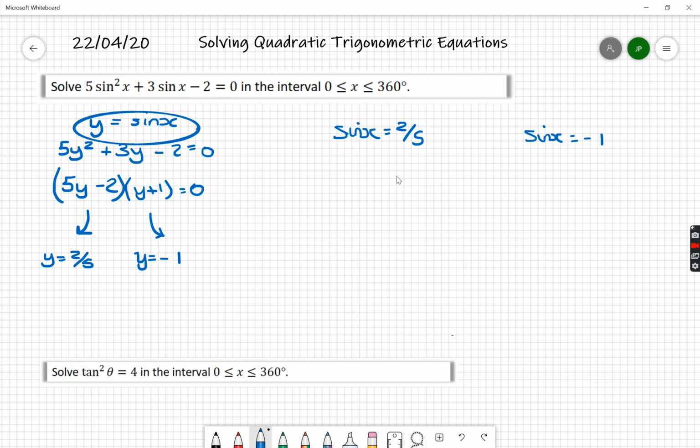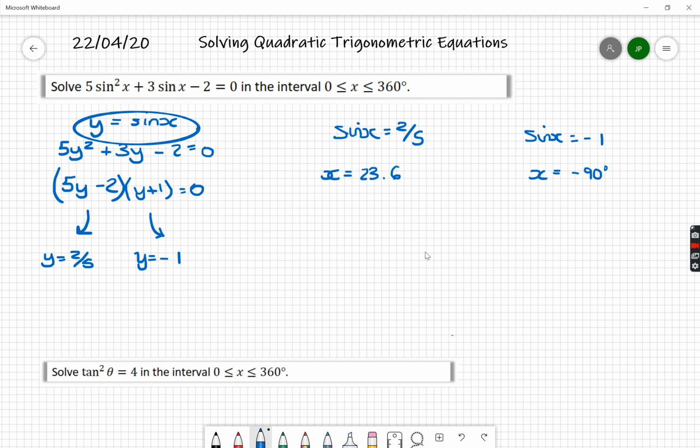Okay, so I can find my first solution. I just solve these simple trigonometric equations. Sine x equals 2/5, so x equals sine to the minus 1 of both sides. So I'll have x equaling 23.6. And do the same on this side, sine to the minus 1, and we'll get x equaling minus 90.